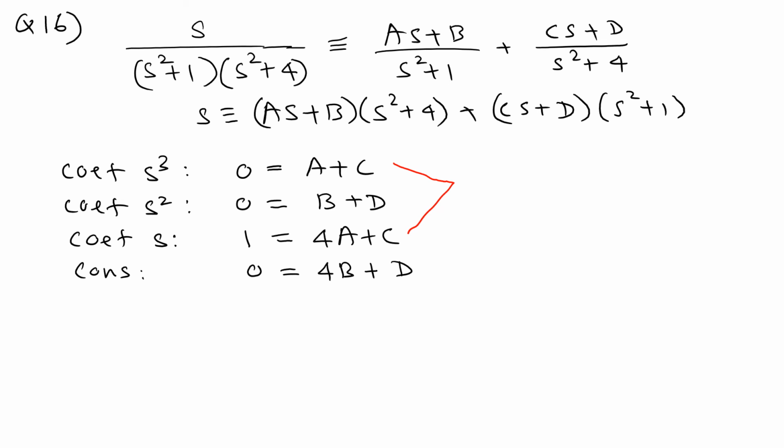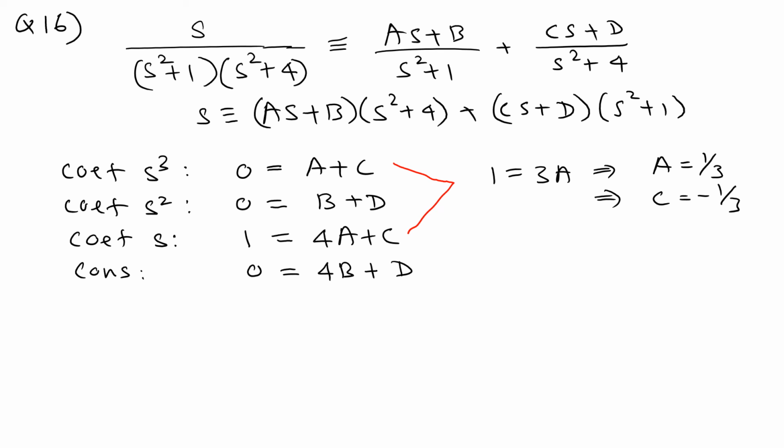So when you subtract the first from the third, you can see you're going to get 1 equal 3a, which is going to give you a equal 1/3. And then if you look at the first equation, that's going to give you c equal negative 1/3.